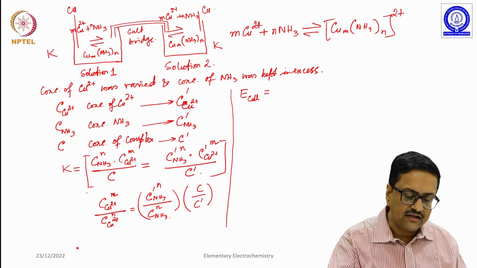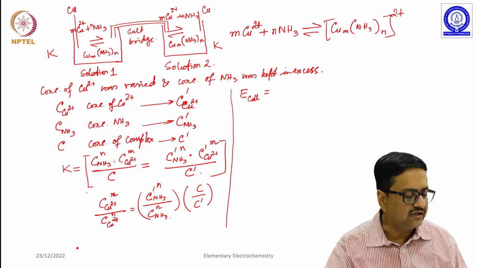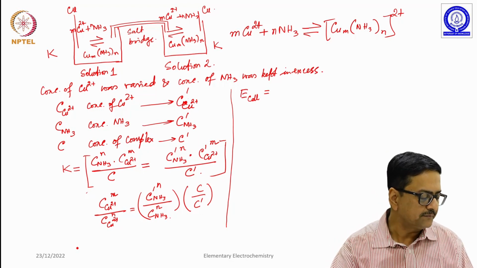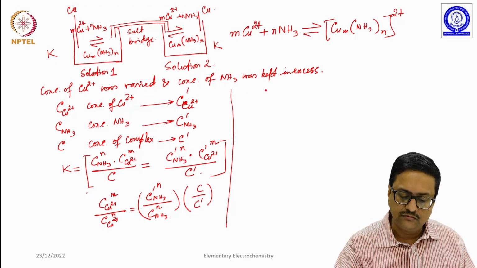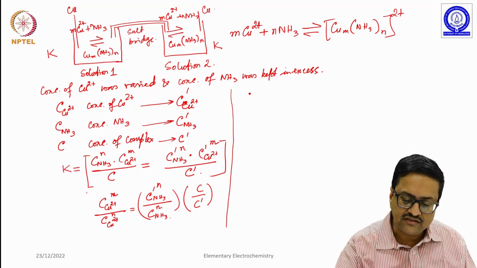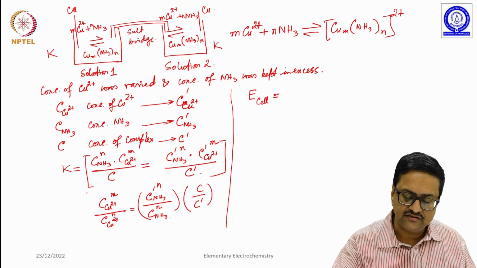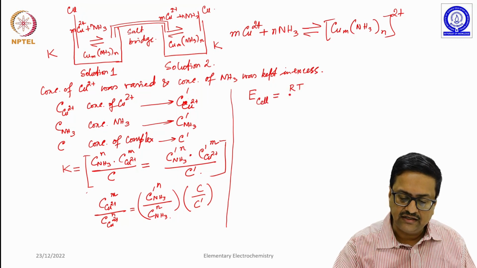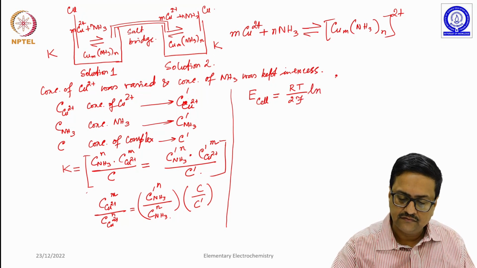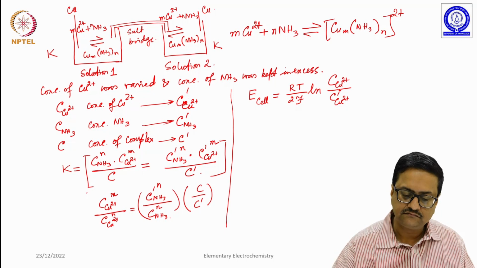We will come to that. The ammonia concentration can be thought to be equal. So, by coupling these two solutions using a salt bridge, one can write down the E cell as equal to RT by 2F ln C Cu2 plus divided by C Cu2 plus prime.